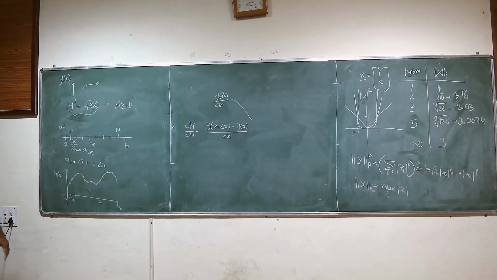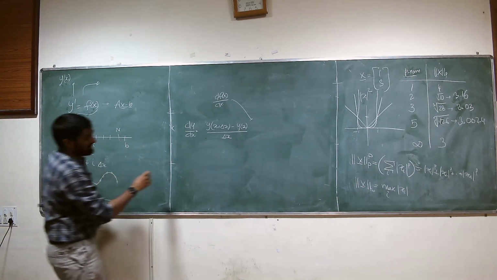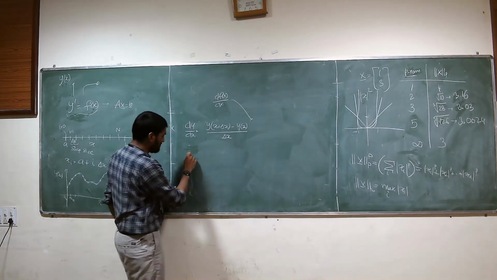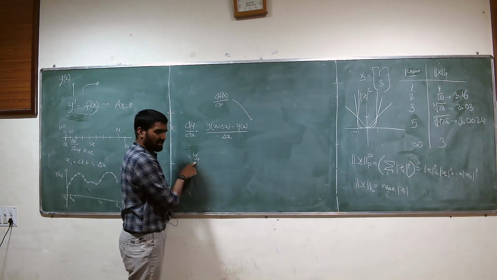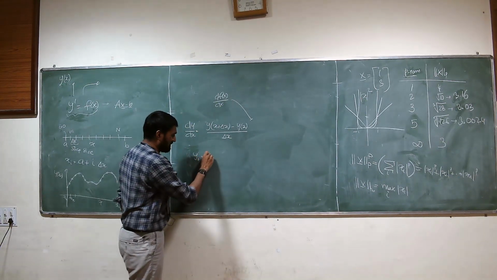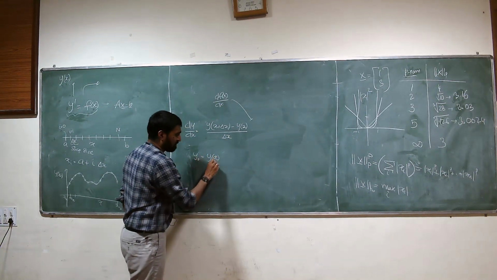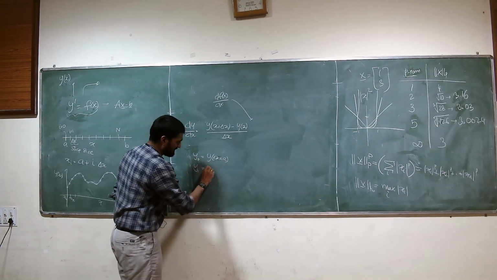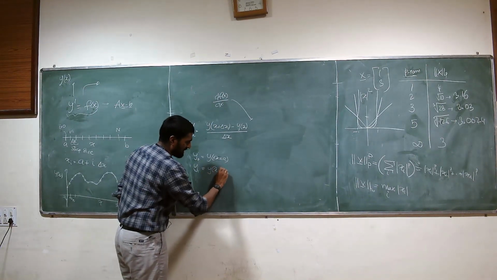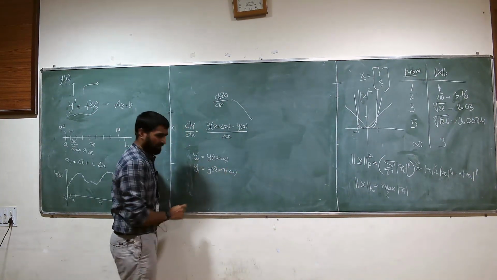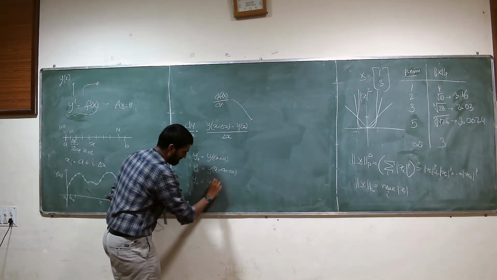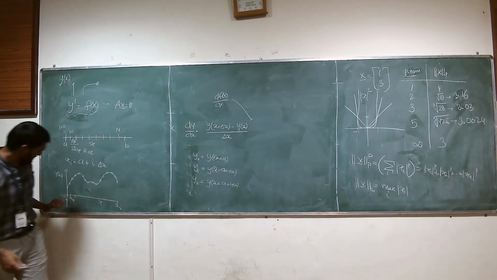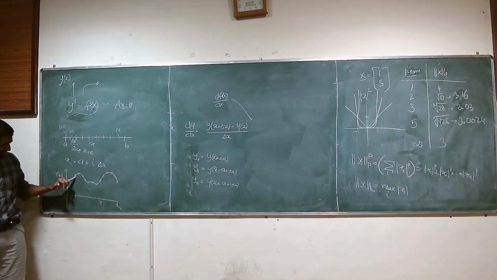What you want to get out of this numerical procedure is the value of the function y naught, which is nothing but y of a, where x equals a. y1 is the value of the function when x is a plus delta x, y2 is at a plus 2 delta x, and so on.